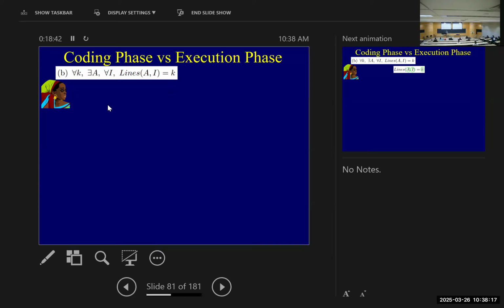So I turn it into a conversation, right? Adversary gives me a K, and I give the adversary an algorithm. It's sort of like, in that form, it would say, I will make you an algorithm as long as you want me to make it.